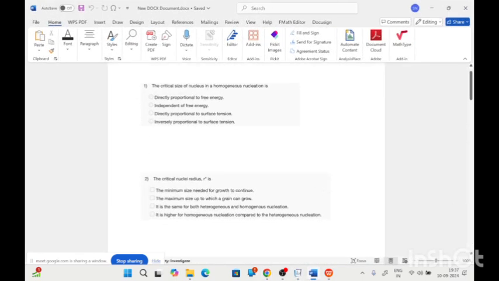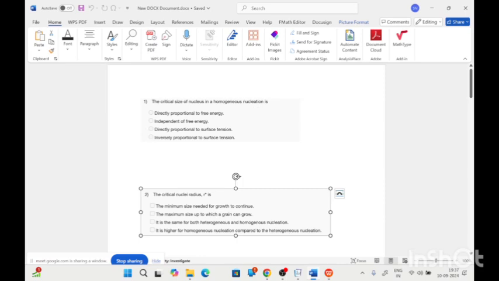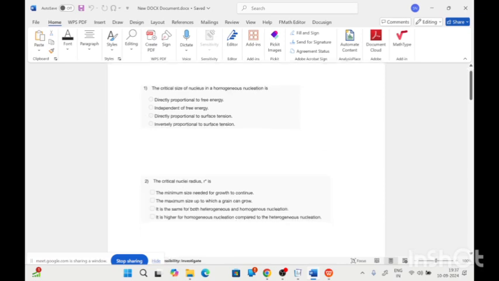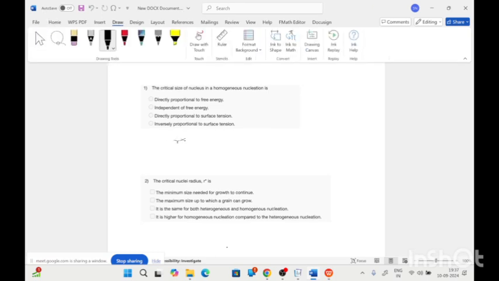So if we see the assignment of the week 7 lectures, in the first question it is asked: what is the critical size of nucleation in a homogeneous nucleation? So the dependence of the R star in the homogeneous nucleation is asked.